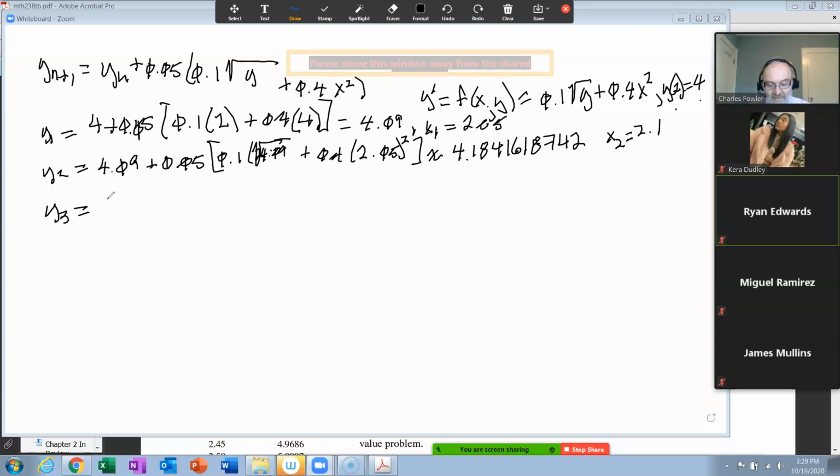Take the square root of that, add it to 0.4, that was from the problem, times 2.05 squared. That didn't work. It's probably going to come out a wrong answer. 2.05 squared. Okay. Close parentheses and hit equal sign.